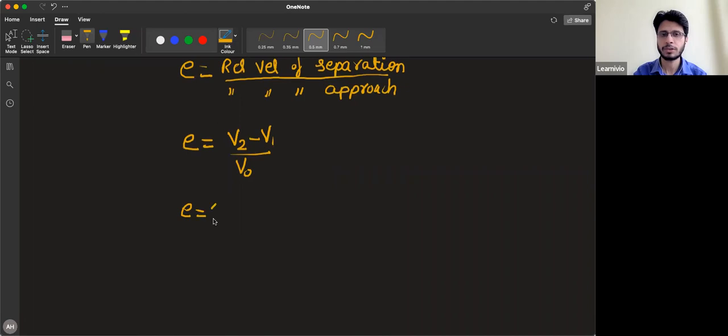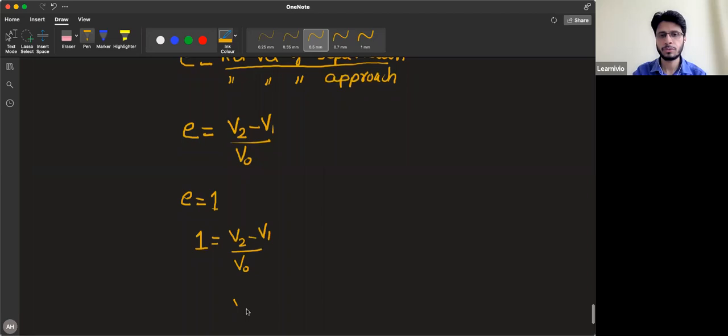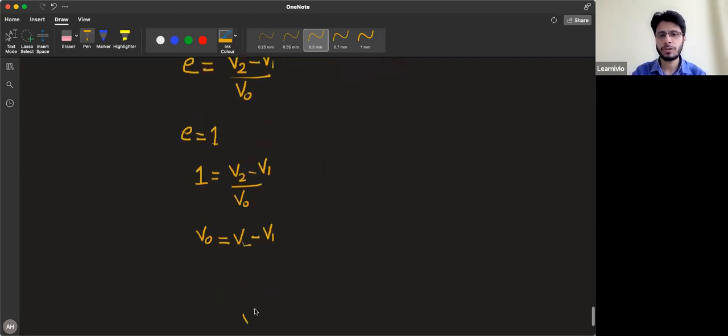For an elastic collision, instead of e you can substitute 1, which gives v2 minus v1 divided by v0. So you can say that v2 minus v1 is equal to v0, or you can say that v2 is equal to v0 plus v1.